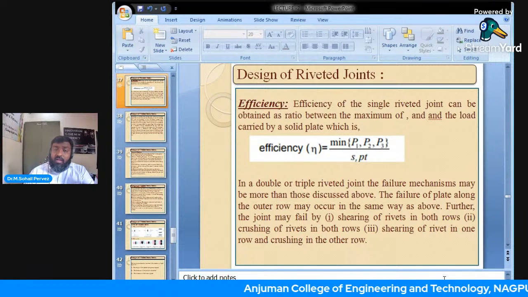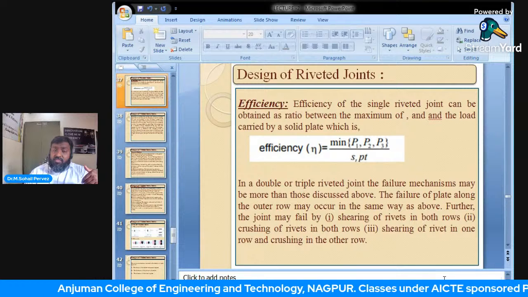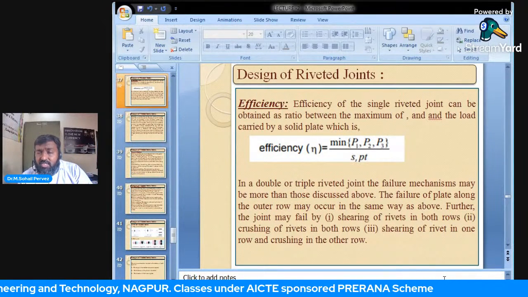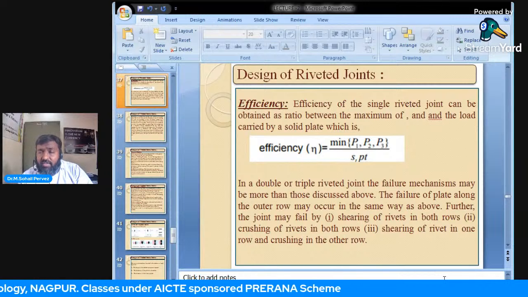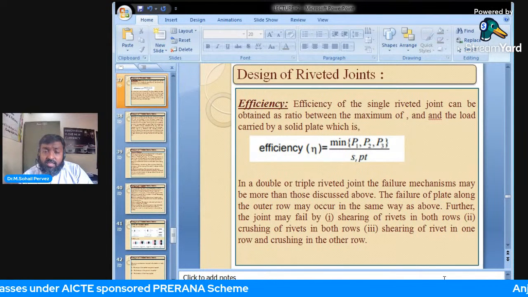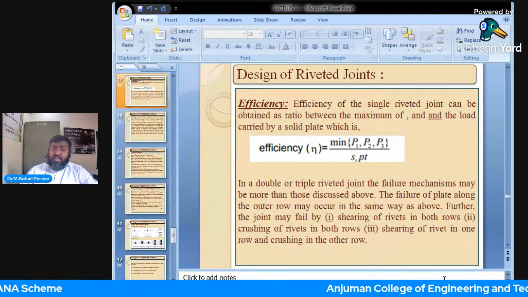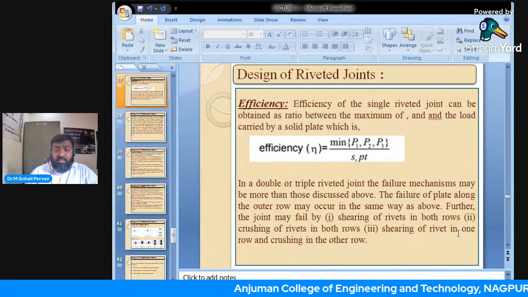Okay. And as far as boiler joints are concerned, generally the boiler joints consider the circumferential or hoop stresses, wherein we have to completely design the boiler considering the riveted joints for the same. But all these failures will be considered there only.